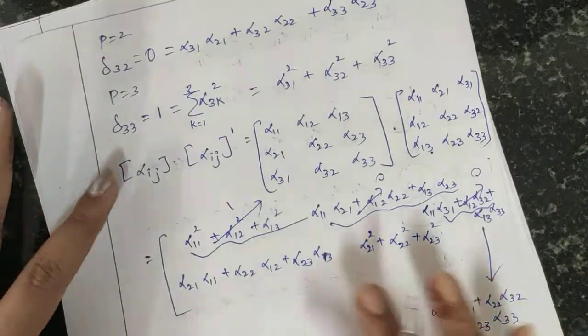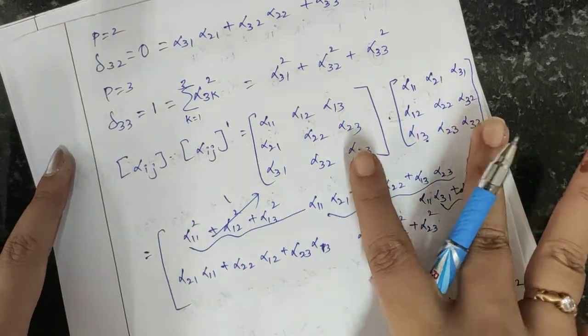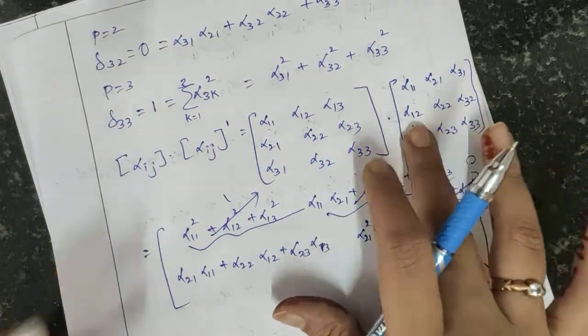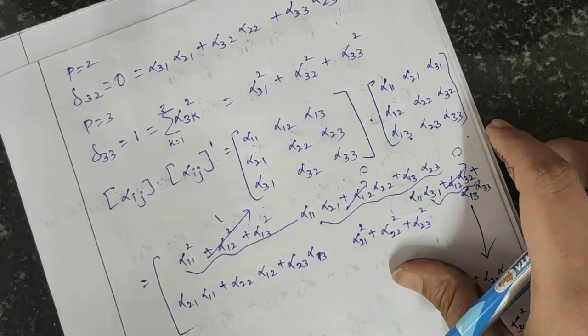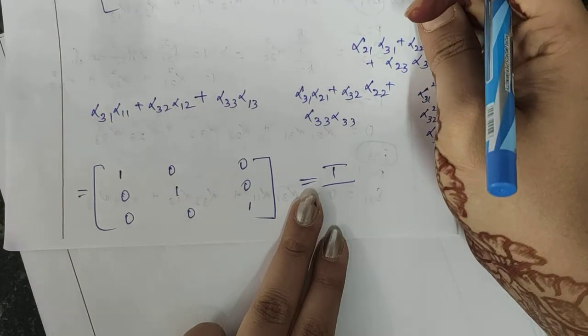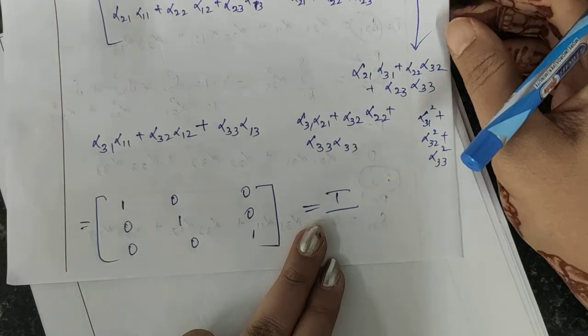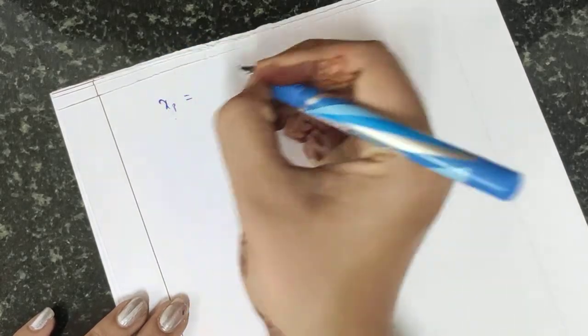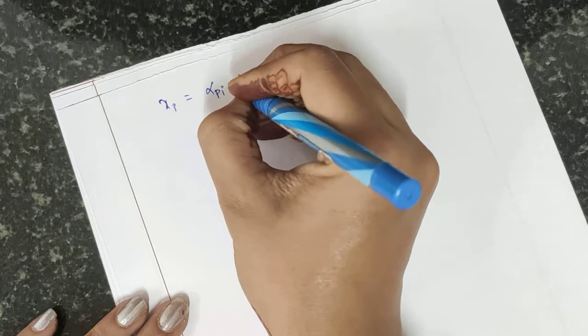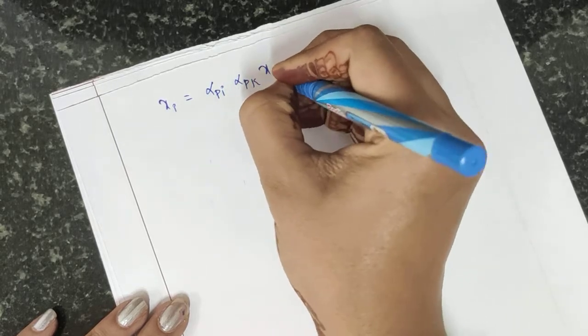So now I have taken only one part. We have to do the reverse part of this also, right? If you try the reverse part, again if you get the identity matrix, then you can say that the transformation matrix is an orthogonal matrix. In order to take the reverse part, first we will substitute equation 3 in equation 4, that is xi is equal to alpha pi alpha pk xk.